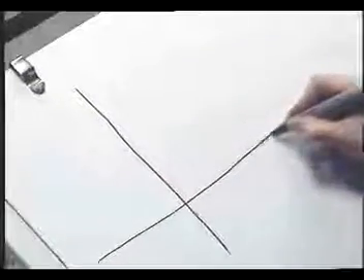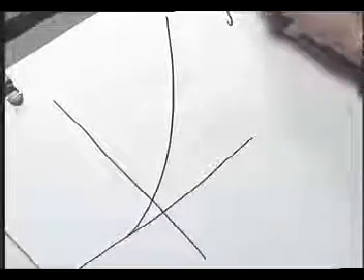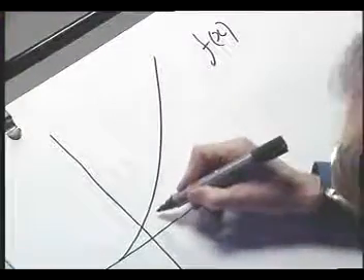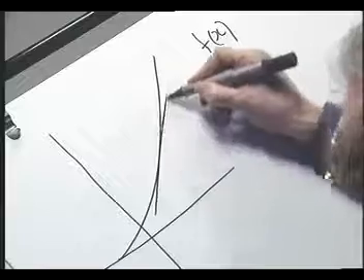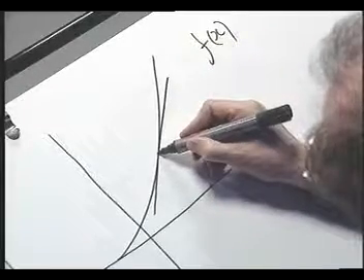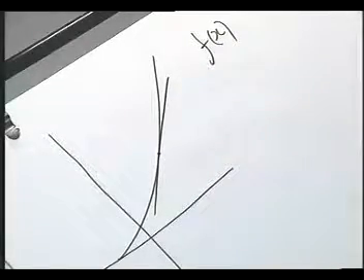In differentiation, when we differentiate a function f of x, so there's our function f of x, and this is a graph of it, what are we actually doing? Well, when we find the derivative, we're actually finding the gradient of a tangent.